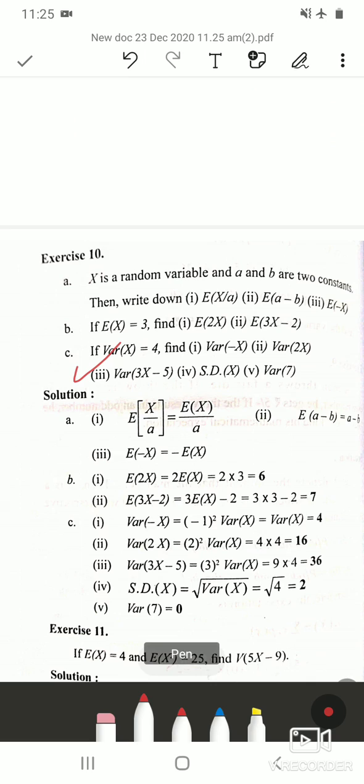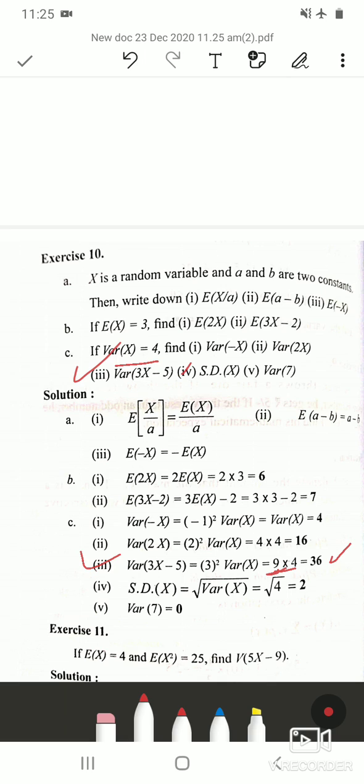So in place of a we have 3 and in place of b we have 5. Therefore variance of 3x minus 5 would be 3 square into variance of x, which is 9, and variance of x is 4. Therefore 9 4s are 36.